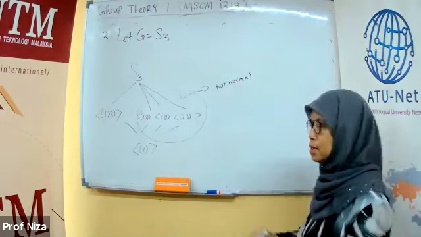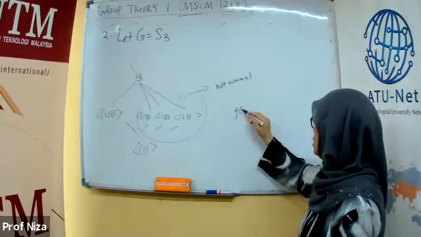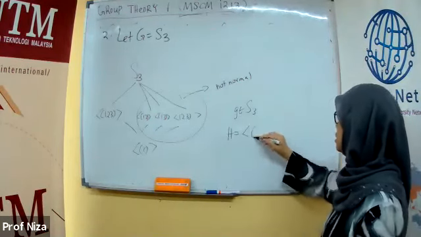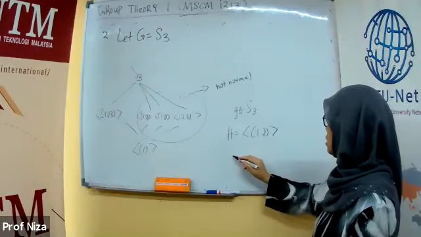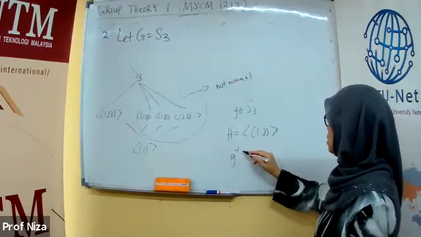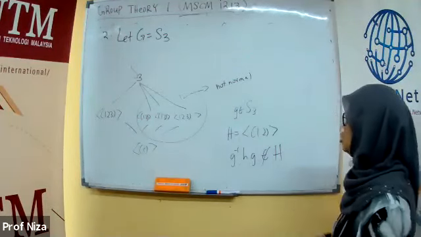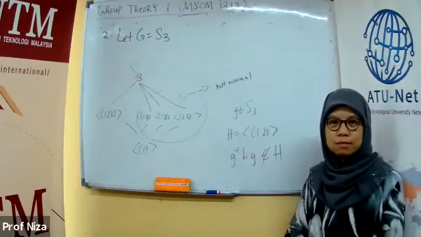And you can check if G is in S3, say H is generated by (1 2), you take maybe something in G inverse H G, then you can easily show it's not in H. Probably take something like (1 2 3).